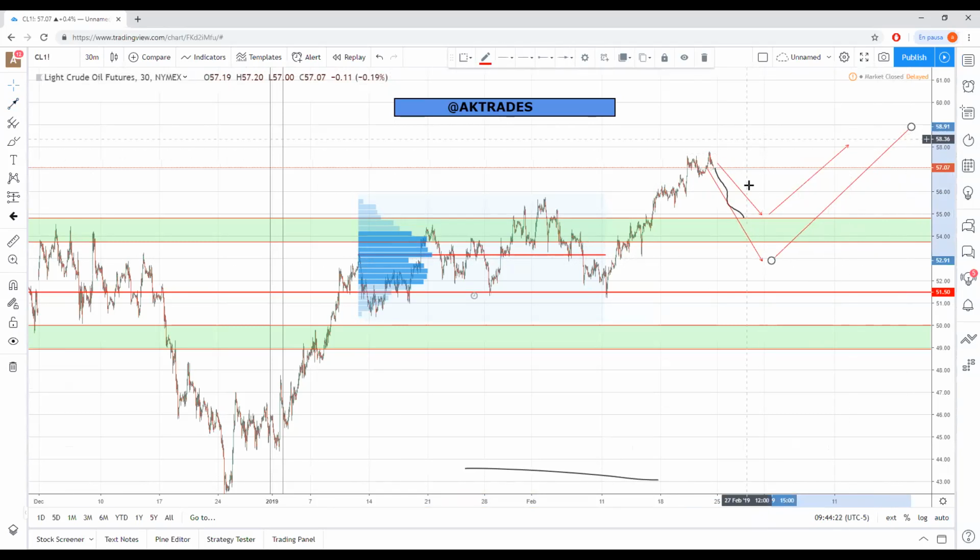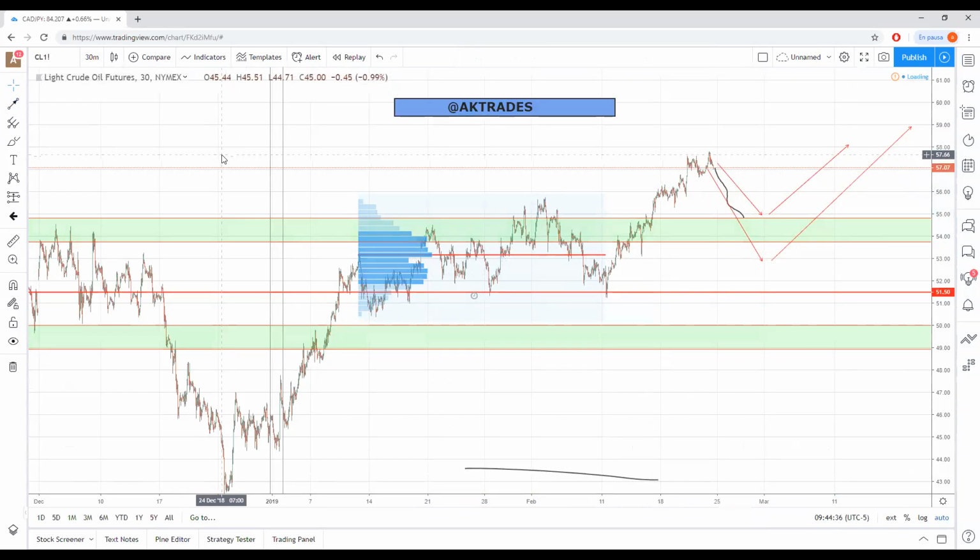So we are mainly looking for longs in oil because of this clean breach of the range where oil used to be.